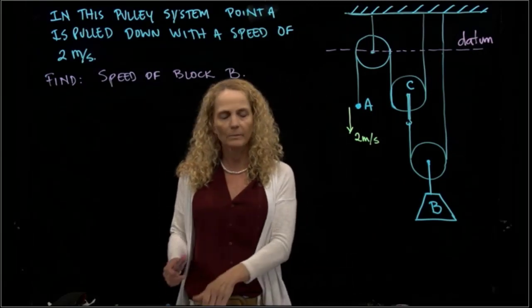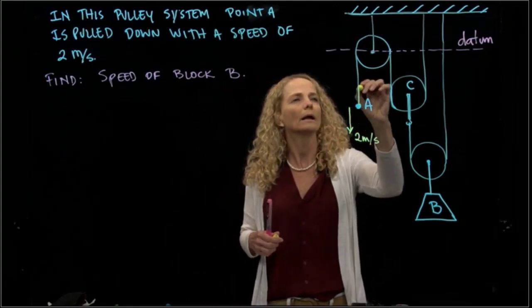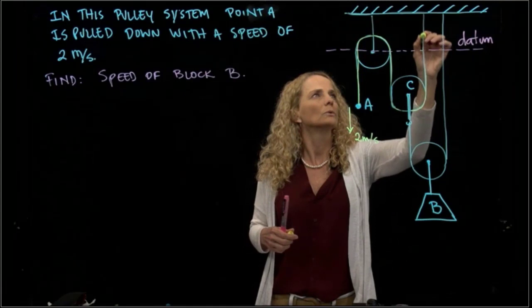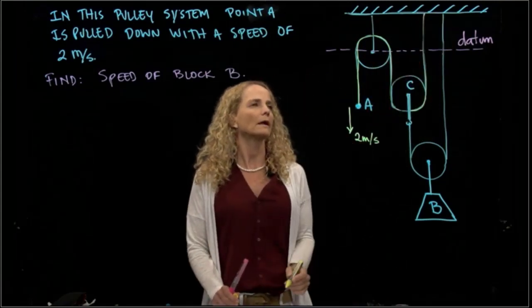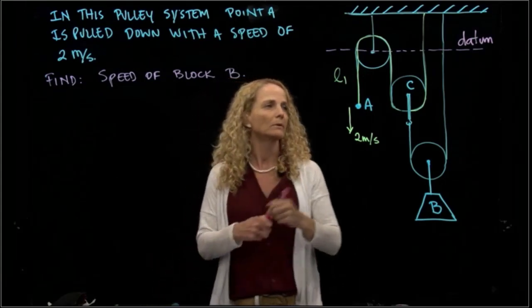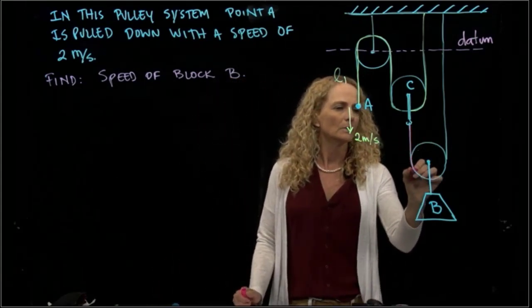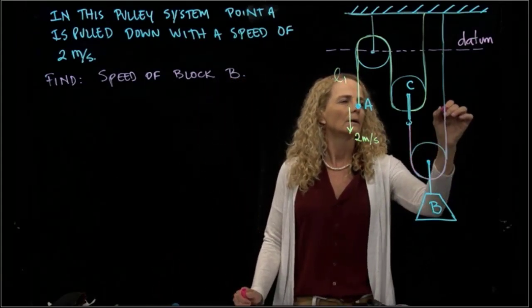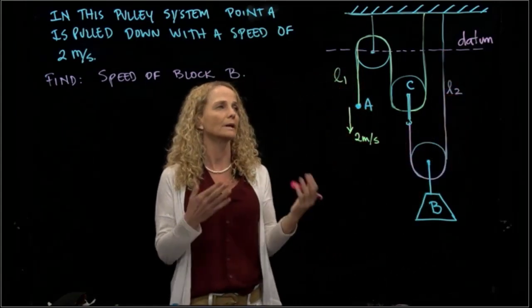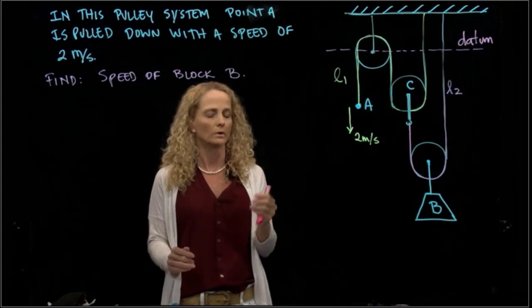So we have one cable right here that attaches to the roof right there. Let's call that L1. And then we have another cable here, this one right here. Let's call L2. So we have to find 2 equations and relate them because we have 2 different cords.